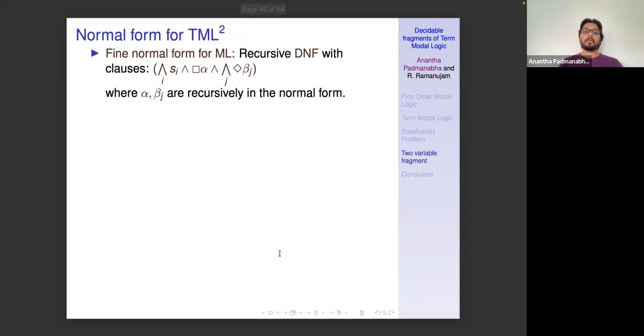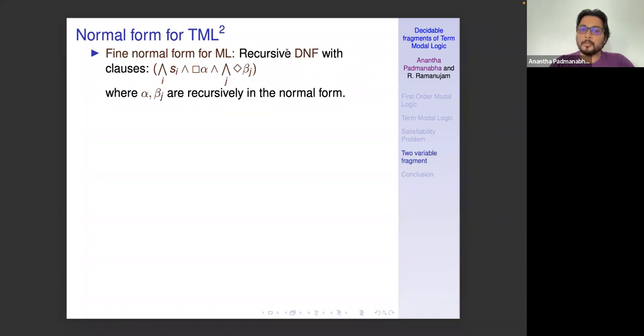So the normal form is a combination of the first order normal form for two variable first order logic and the one for modal logic. Now for modal logic, Kit defined a normal form, which is a recursive DNF, which looks like this. It's a DNF where every clause has finitely many literals, one box formula and finitely many diamond formulas, right?